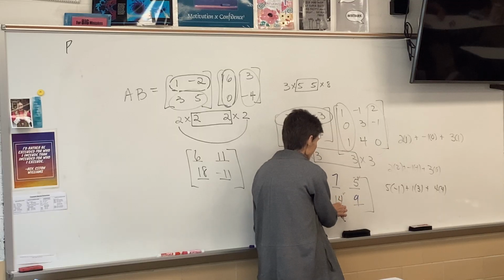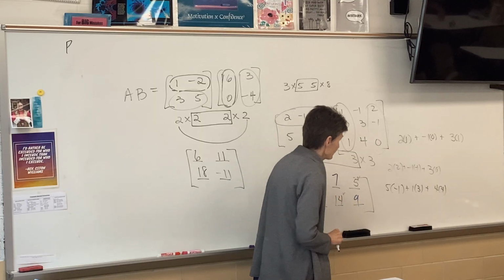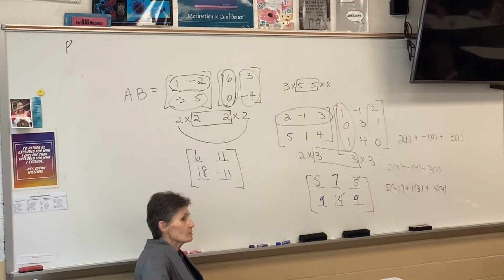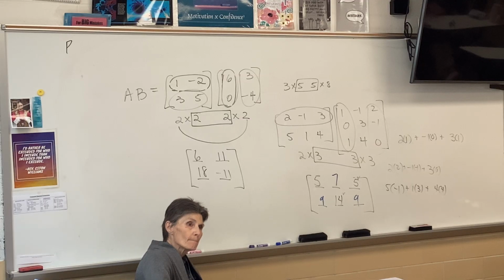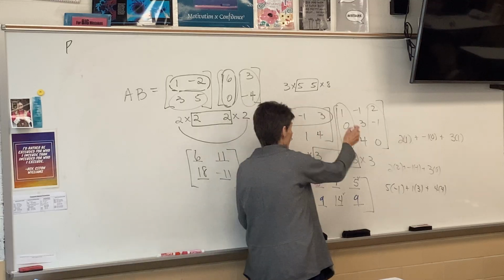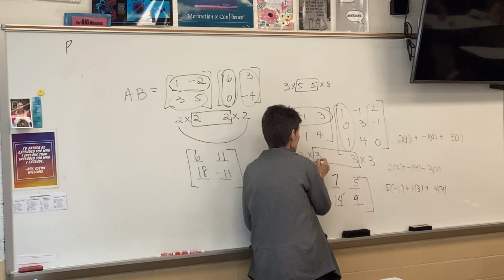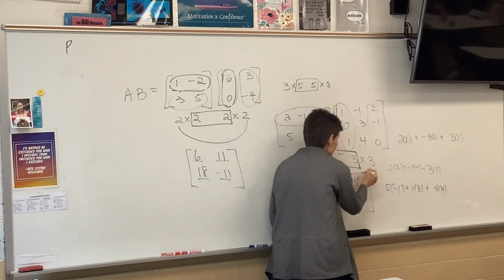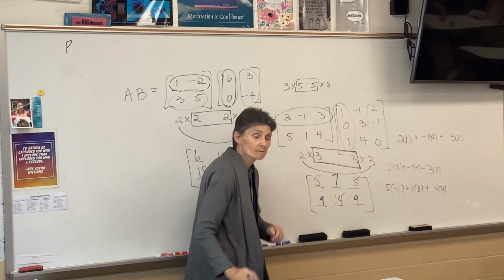How's 14 sound? Anybody else have a question about one of those numbers? So why would it be a 2 by 3? Remember, when you go to multiply matrices, the inside dimensions have to match. The outside dimensions tell you how big it is.